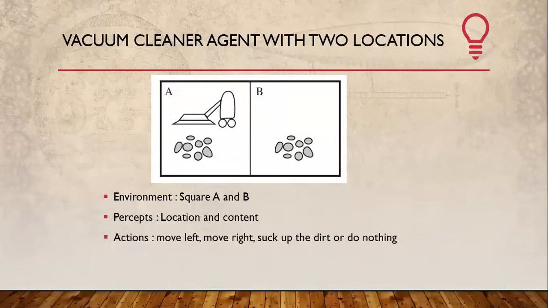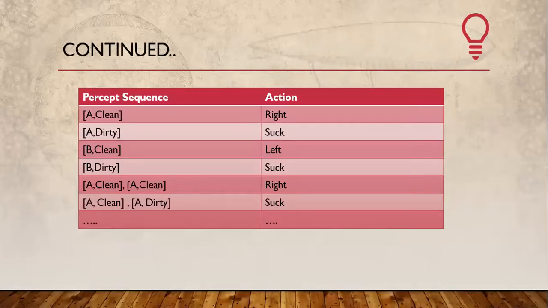Now the percept sequence. Let's say it has started working, and consider what input it has started receiving. Let's say the first percept is when it's in A and it found that A is already clean. Then the action says move right.